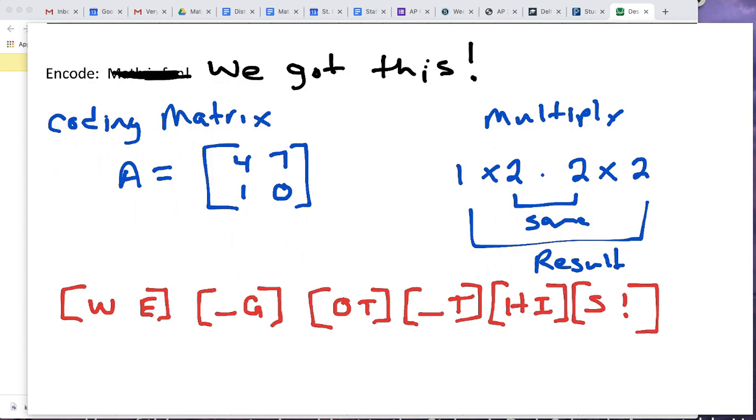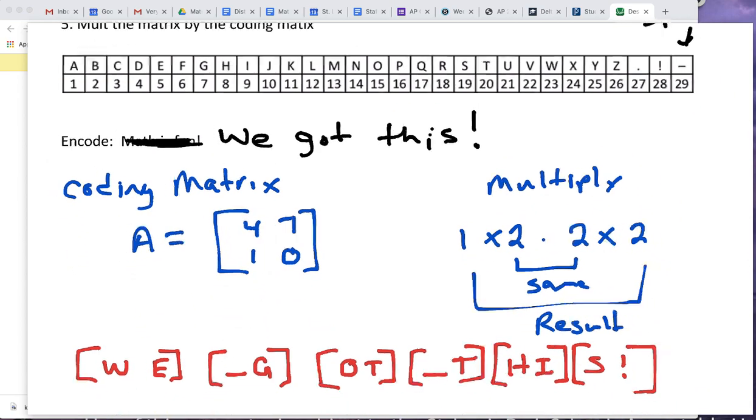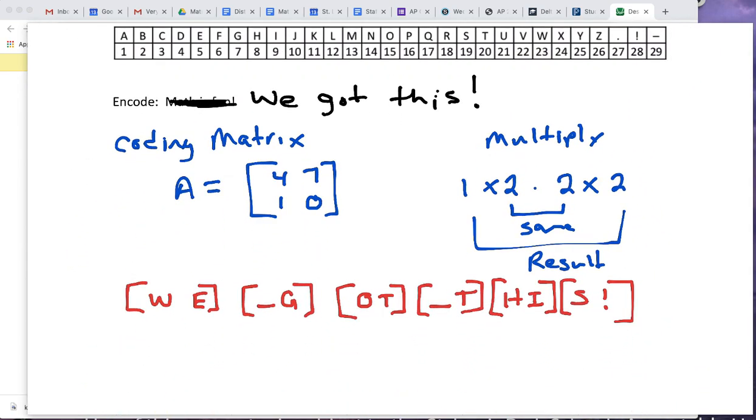So now I'm going to write these letters, but I'm going to use the numerical equivalent of it up here. So the numerical equivalent of W would be 23.